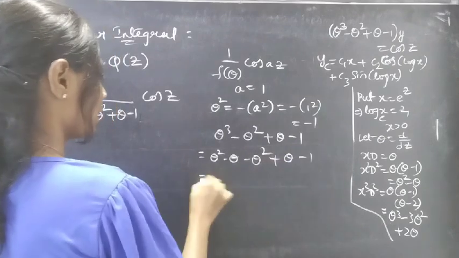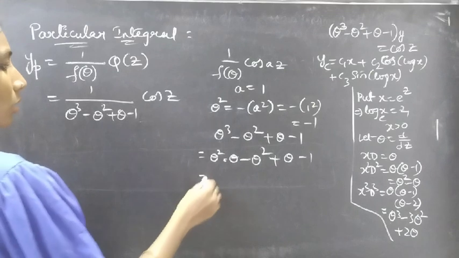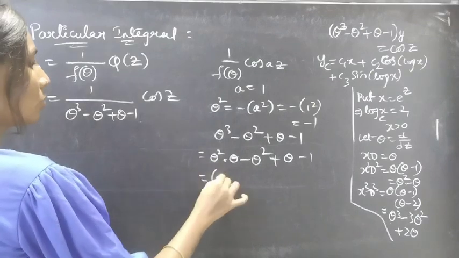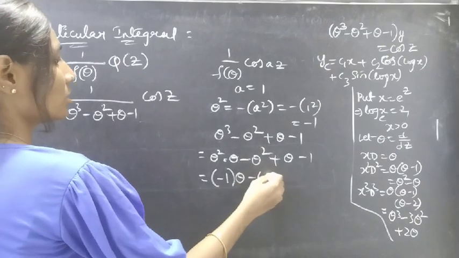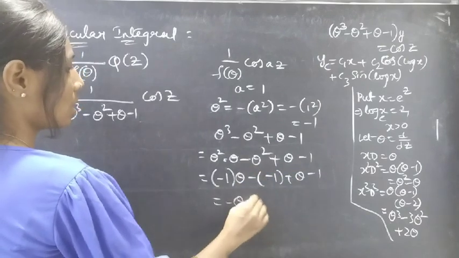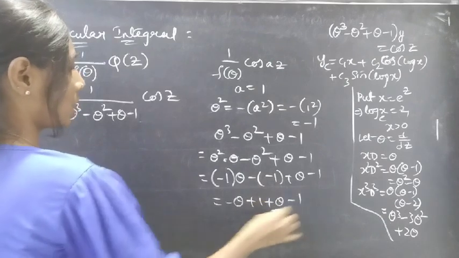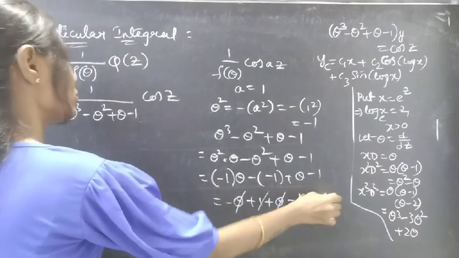And the remaining will be as it is. Now replace theta square by minus 1: we'll get minus 1 into theta, minus, replace theta square by minus 1, plus theta minus 1. This equals minus theta plus 1 plus theta minus 1. Here minus theta plus theta gets cancelled, plus 1 minus 1 gets cancelled, and this equals 0.